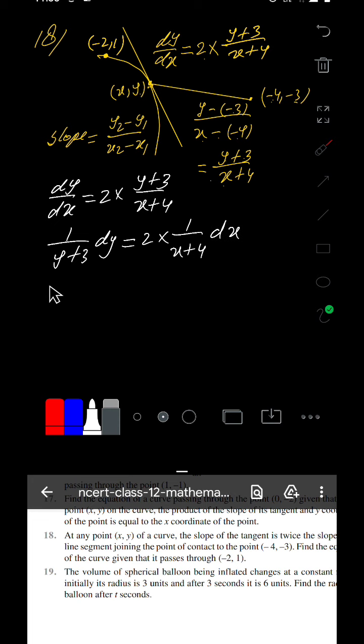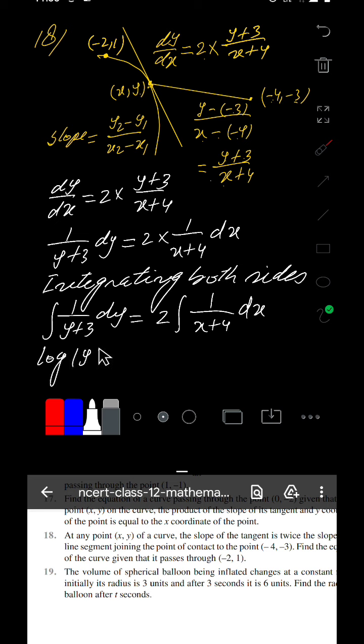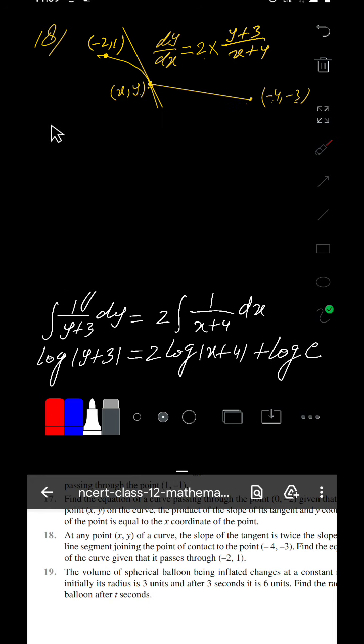Now integrating both sides, we get integral 1 upon y plus 3 dy is equal to 2 integral 1 upon x plus 4 dx. So log of y plus 3 is equal to 2 log of x plus 4 plus a constant of integration, which should also be taken in terms of log. Using the property of logarithm, this 2 can be written as the power of x plus 4, so log of y plus 3 is equal to log of x plus 4 whole square plus log c.